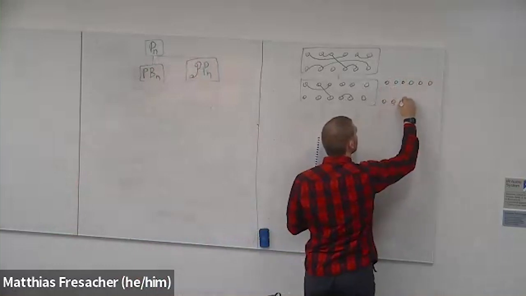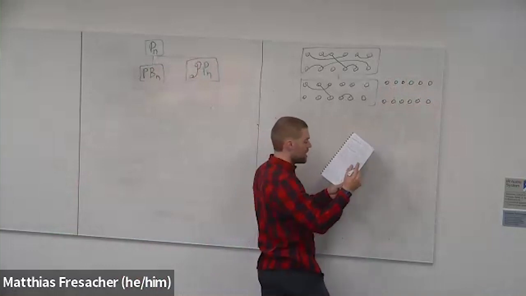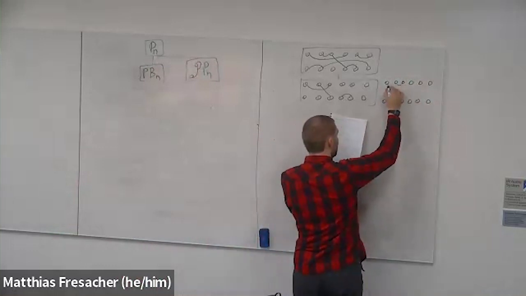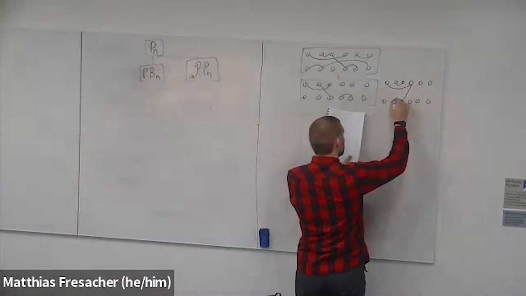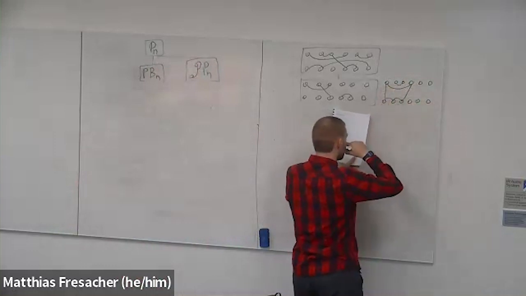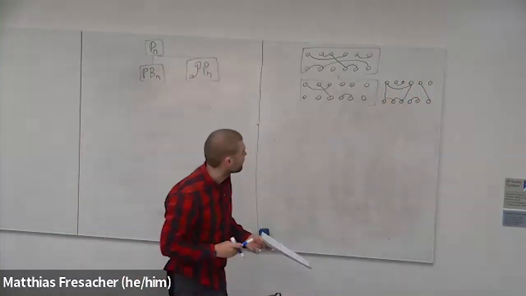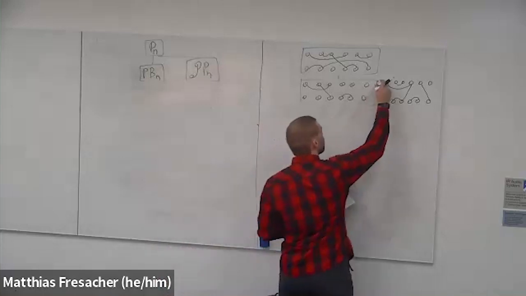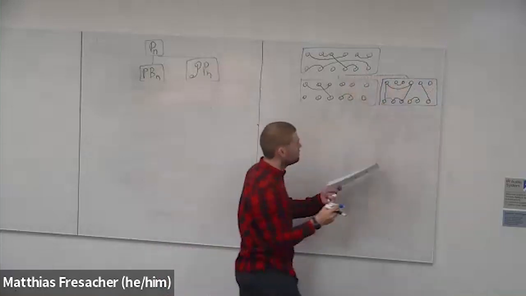I can. In terms of block size, free for all, but we're not allowed to have any crossings of our edges. So this would be an example. This is an example as well.